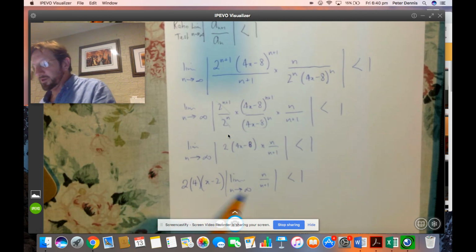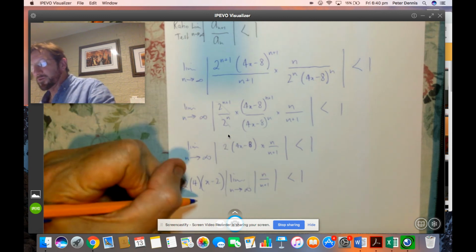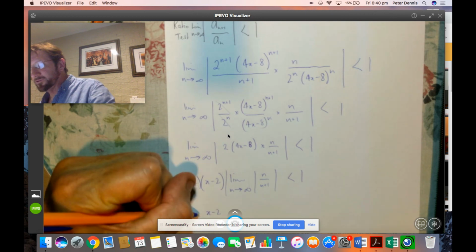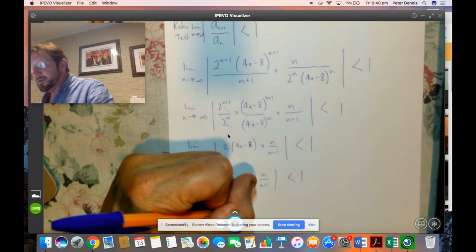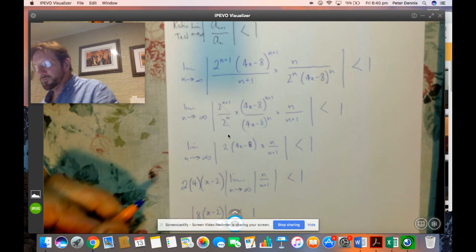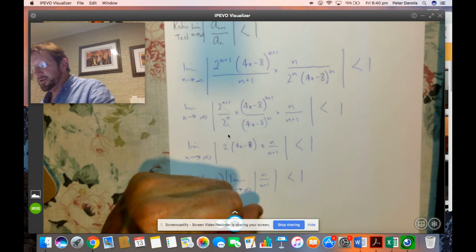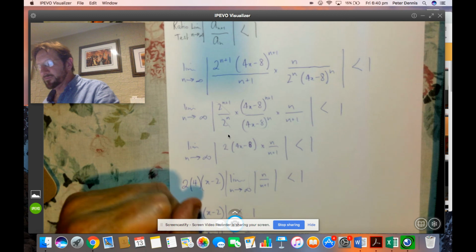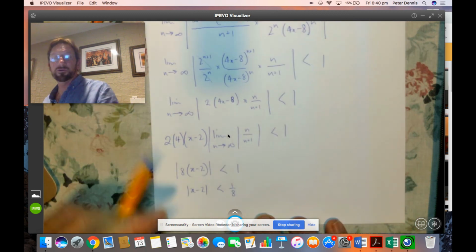Well, this limit is 1. So what we've got is that the absolute value of x minus 2 times 2 must be less than 1. So x minus 2 must be less than a half, the absolute value. And then we might have to split it up into 2 little things here.